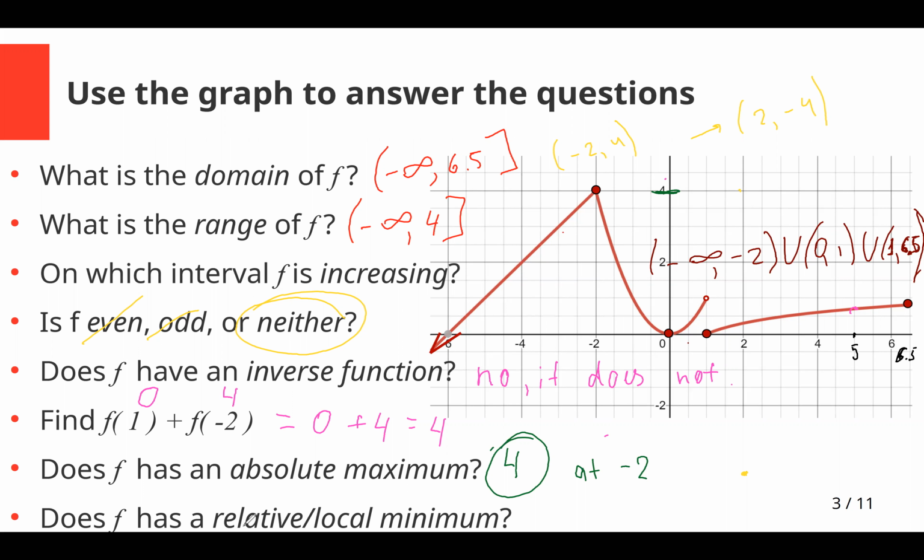Now, in terms of the relative or local minimum, two ways to say it, relative minimum or local minimum. On the final exam, be ready to see only one term. What it means is that somewhere on the graph the function is reaching a smallest value locally.